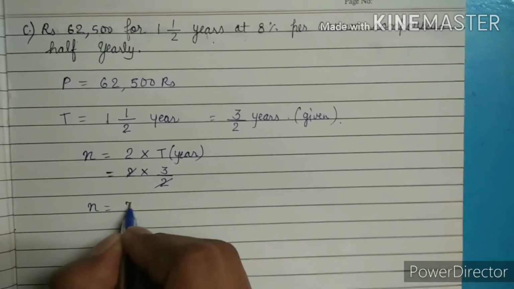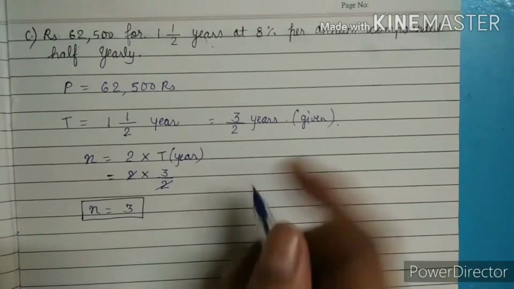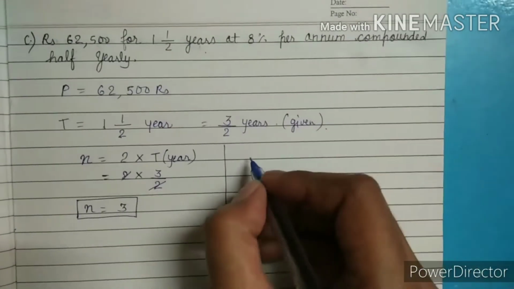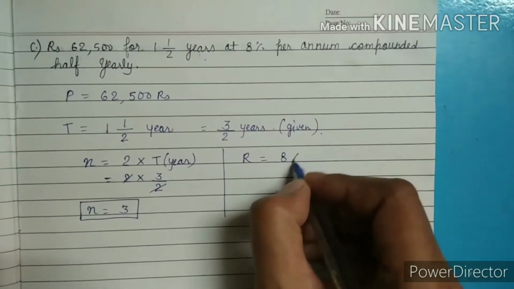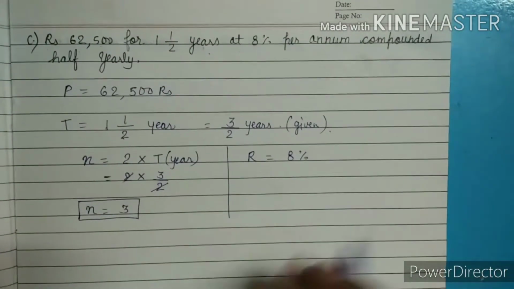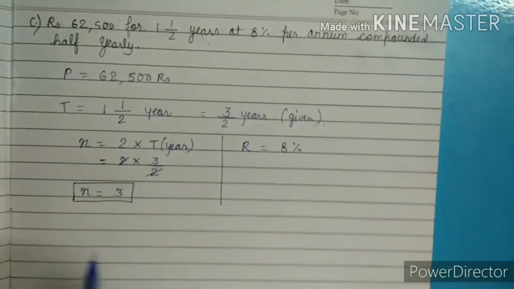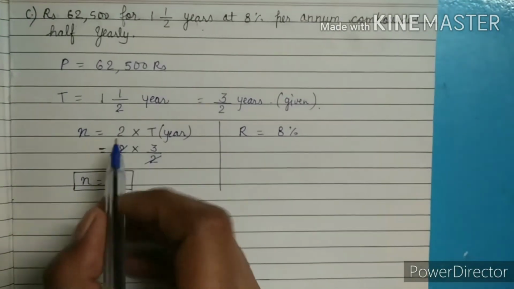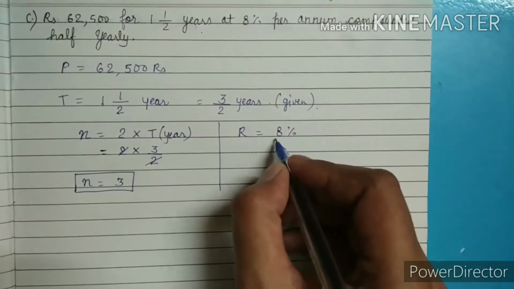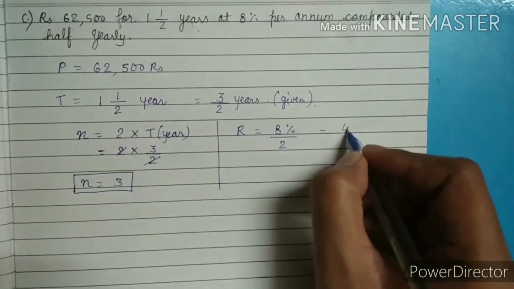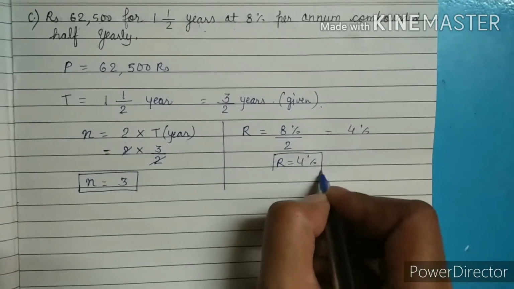Now our n value will come as 3. So this is the first part. One more thing is there. Rate of interest is 8%, that is given in the question. So it will also be divided, because interest is compounded half yearly. 2 is multiplying in the n, so 2 will divide in the r. So it will give the rate of interest, that is 4%.